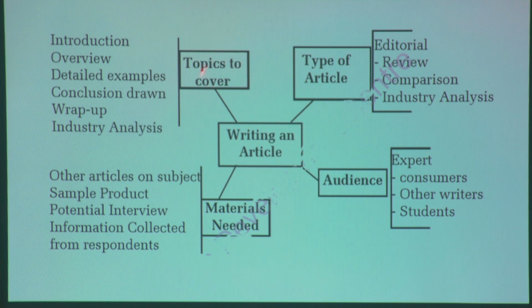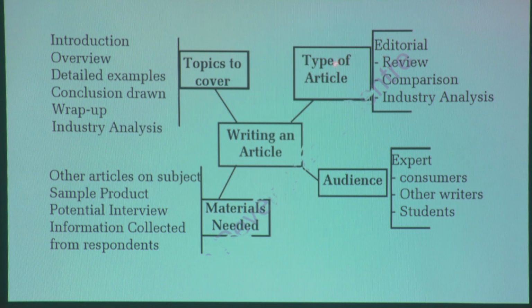You have to consider the topics to cover. For example, introduction, overview, detailed examples, conclusion drawn, wrap up. In your textbook, industry analysis is given here, but it shouldn't be there. Industry analysis is in the next column, so you don't need to worry about it here.